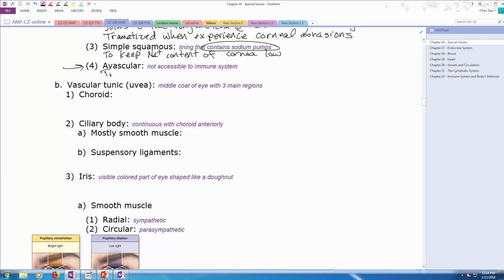You can transplant freely without rejection. So people who get corneal transplants don't actually have to be on lifelong anti-transplant medication. So this is what's really cool.